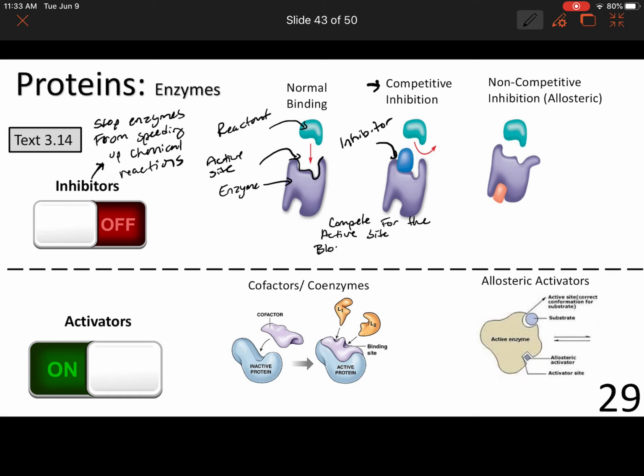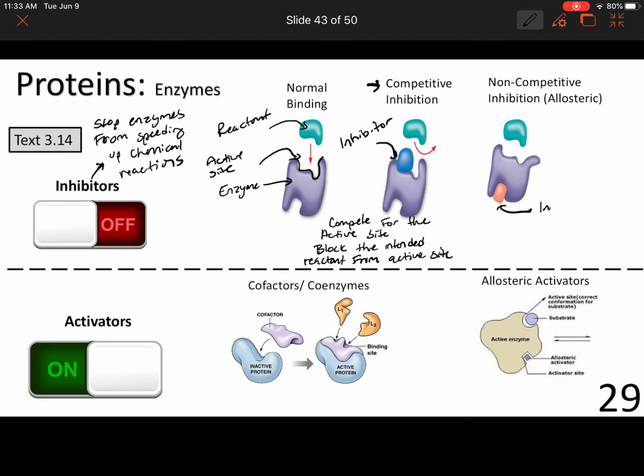They are molecules that don't fit the active site's shape like the reactant does, but they still bind in that space. And what they do is they block the intended reactant from the active site. If the intended reactant can't fit into the active site, then the reaction that reactant is for cannot be sped up.